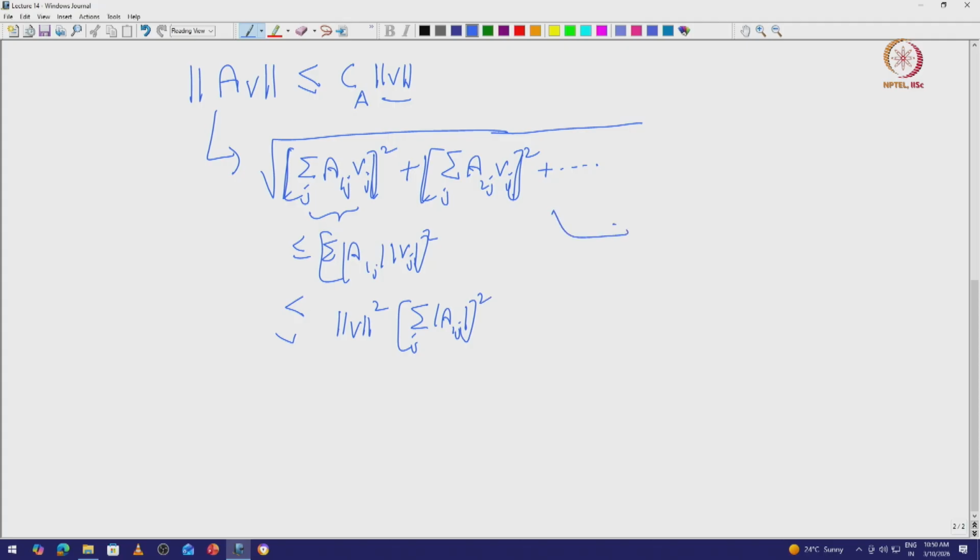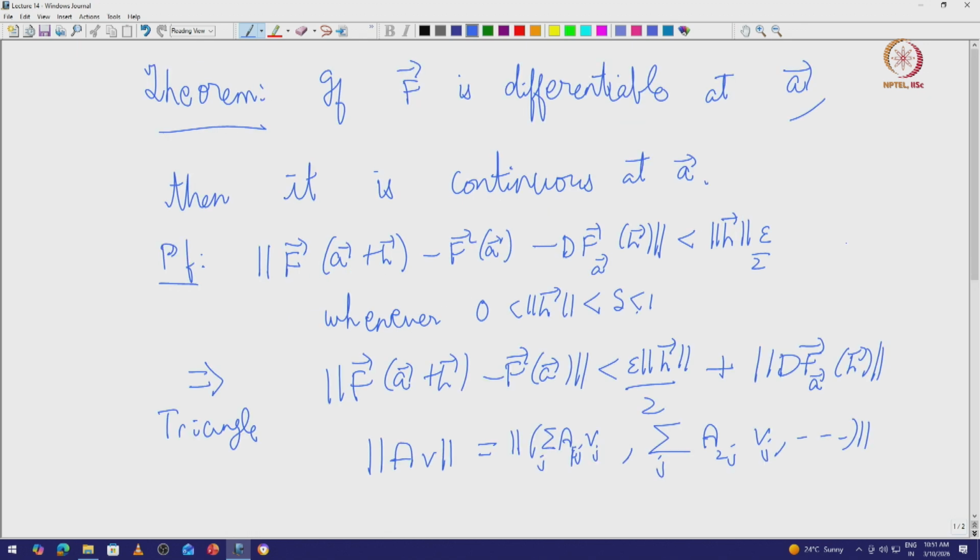So in other words, this entire thing is less than norm V times the square root of something that depends on A. Okay? So as a consequence, let's go back to the previous page.